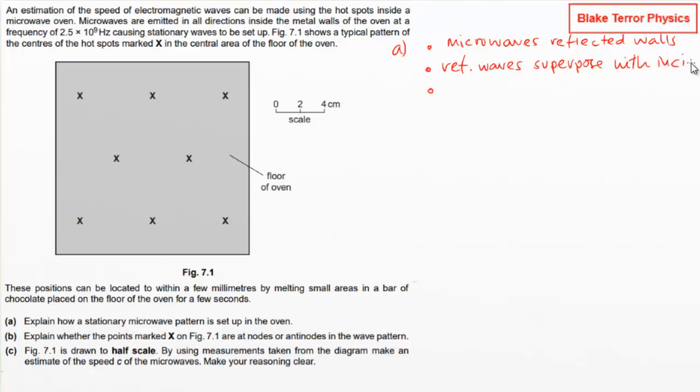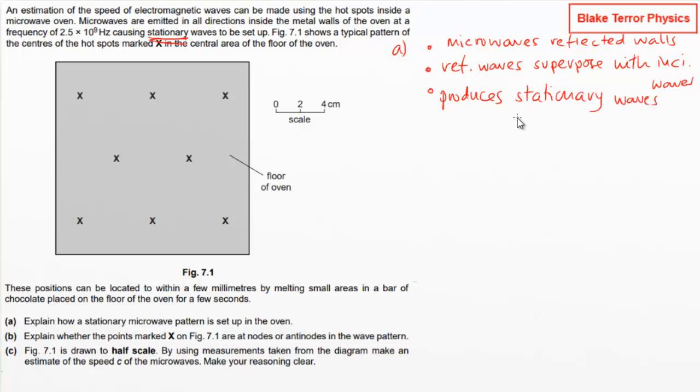So again, you're getting all of the terminology in here. You want to mention reflected and incident waves and superpose or interfere. And then you can say that produces a stationary wave or standing wave, whatever way you want to put it. Maybe go with what they've said in the question, when they've gone stationary here. Produces stationary waves.